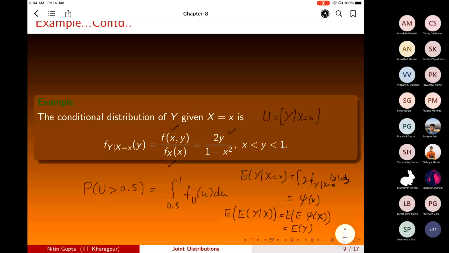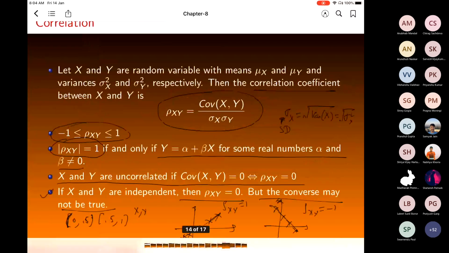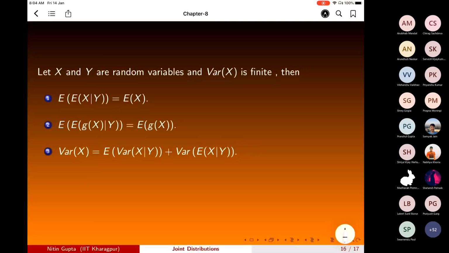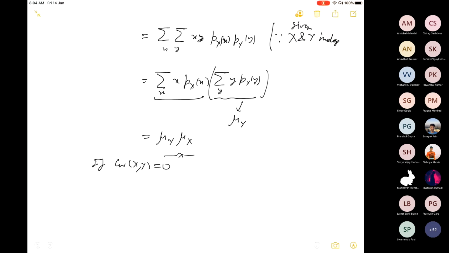So in this fashion, let me just write down the general result: expected value of x given y is equal to expected value of x. So the proof, let me just show you.